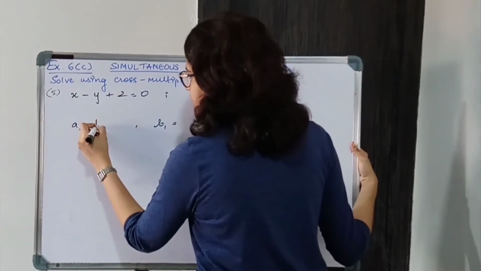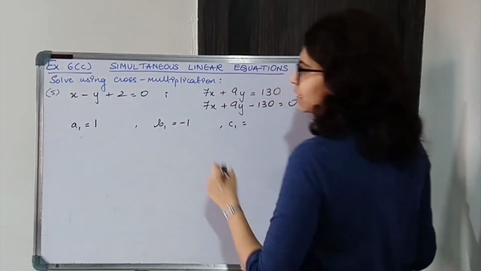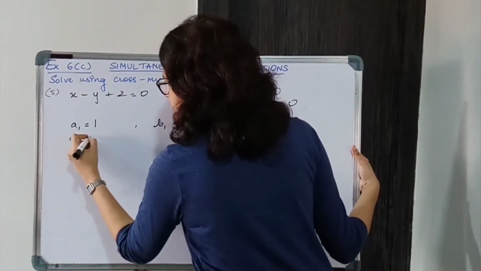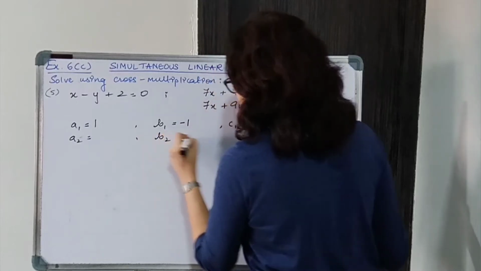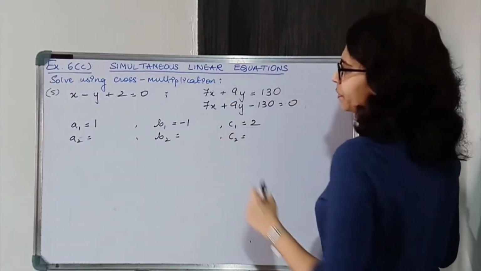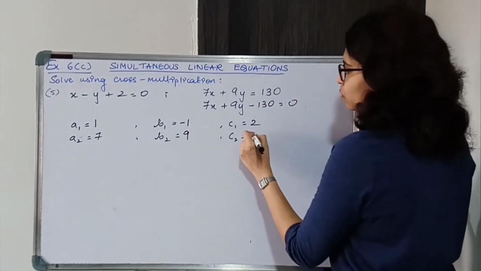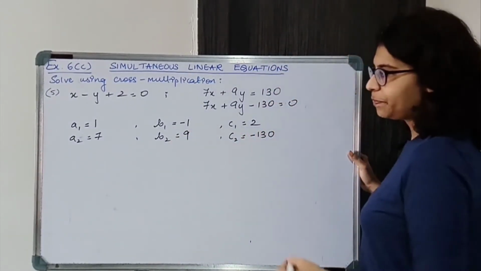A1 is 1, B1 is minus 1 and C1 is 2. Now A2, B2 and C2. A2 is 7, B2 is 9 and C2 is minus 130.